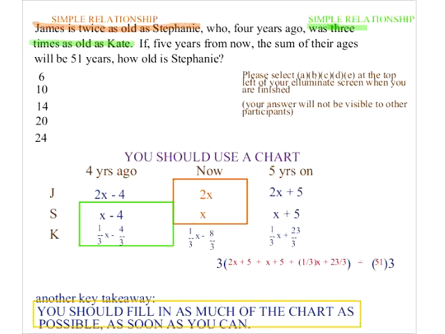And so now you've got something you can solve. So that's 6x plus 15 plus 3x plus 15 plus x plus 23 equals 153. So this is 10x plus 53 equals 153, so 10x equals 100, x equals 10.